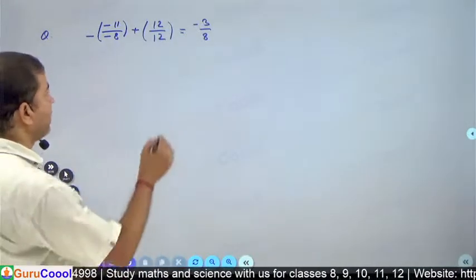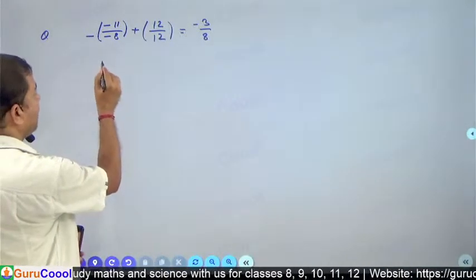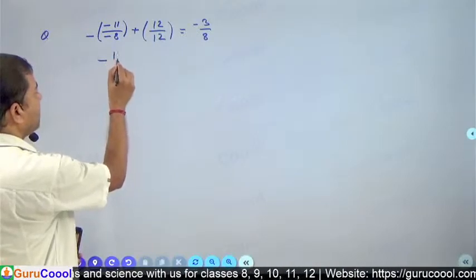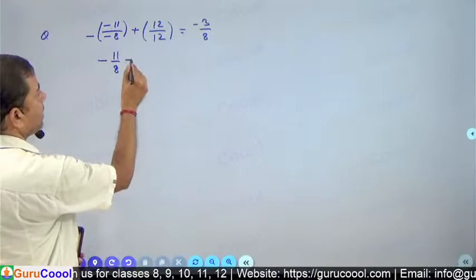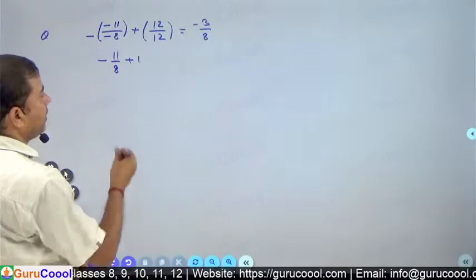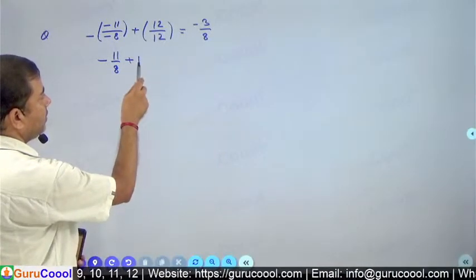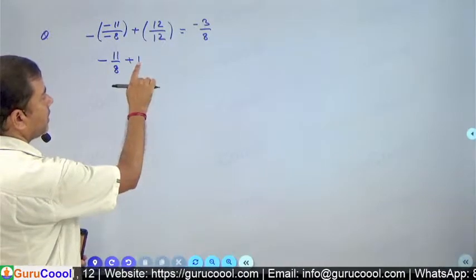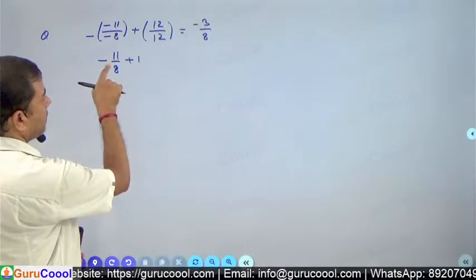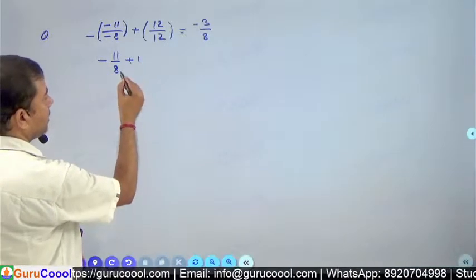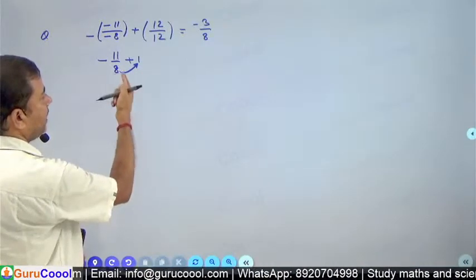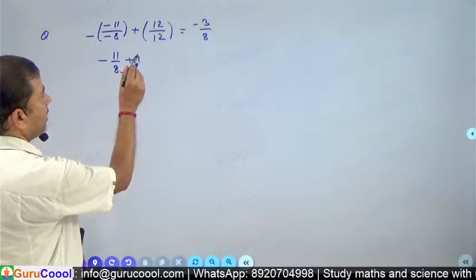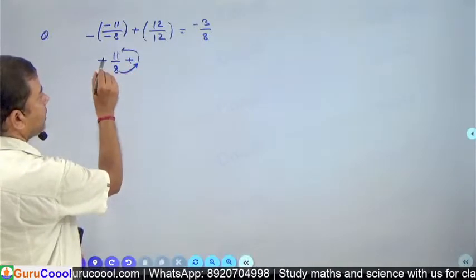See once again, don't say yes sir without understanding it properly. Minus 11 by 8, this is minus 11 by 8 and this is plus 1. So once you have a whole number or integer here and another one is a fraction, you do like this. 8 1 ja 8, and then you add it with this number.